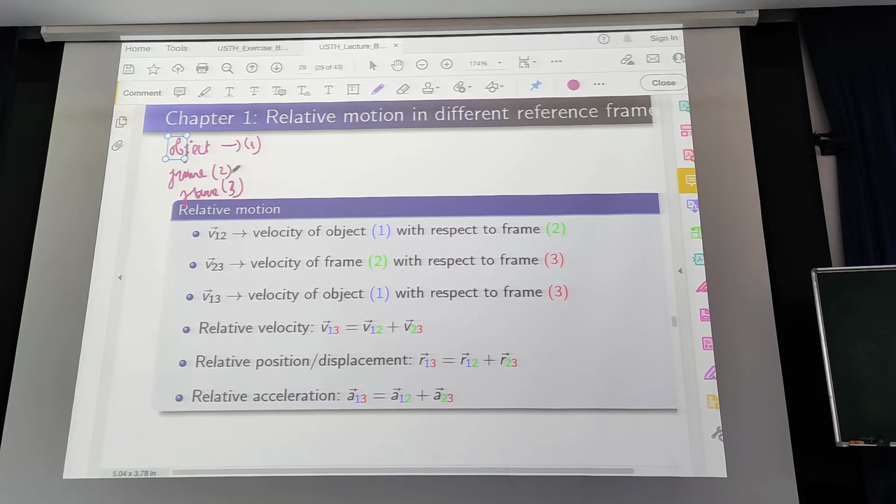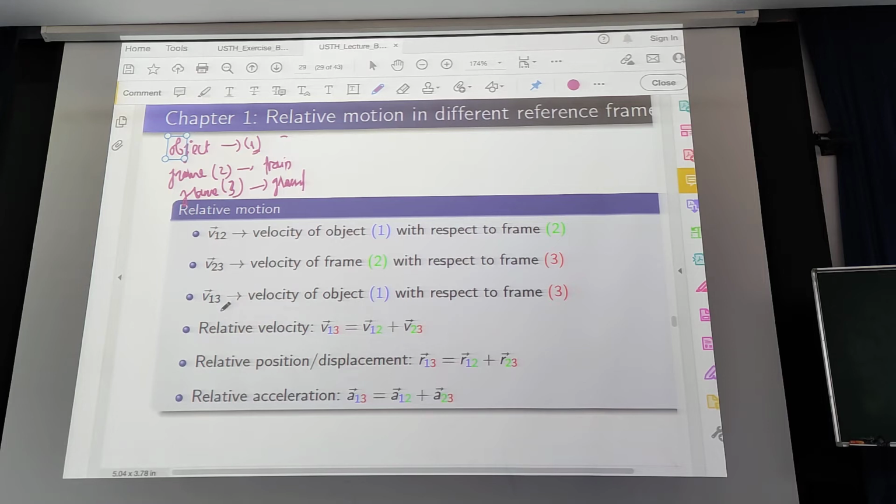For example, this one is you, this one is the train, and this one is the ground. So V12 is the velocity of the object with respect to frame 2, that is the train. And V23 is the velocity of frame 2, so the velocity of the train with respect to the ground.